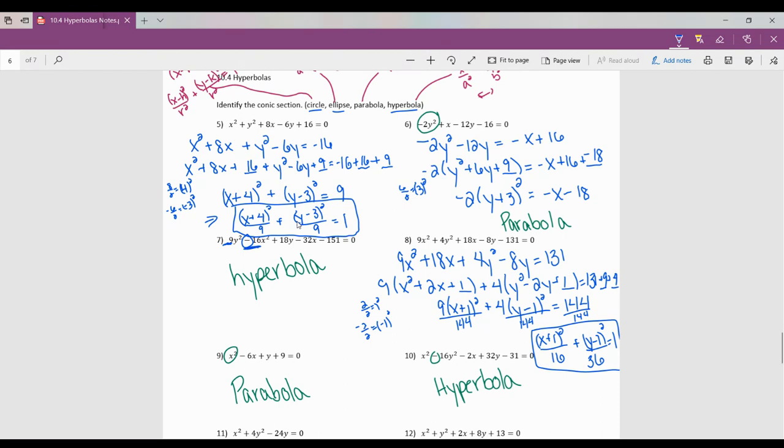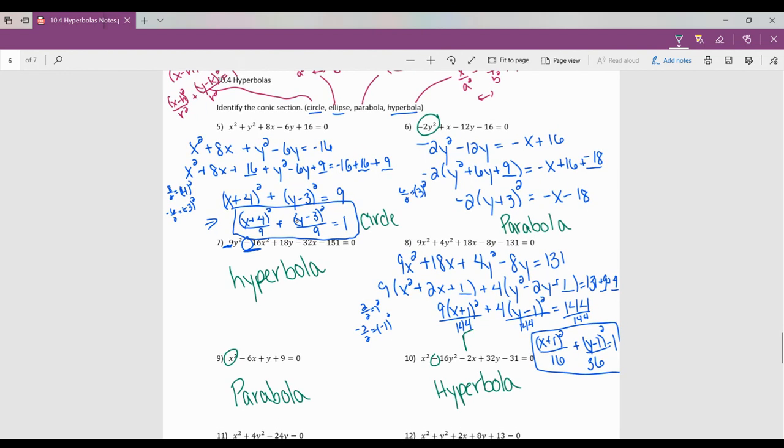There is no major or minor. So if they're the same exact measurement, it's going to be a circle. If we count to the right and left 4 and up and down 6, that's going to be longer up and down, so it's going to be an ellipse.